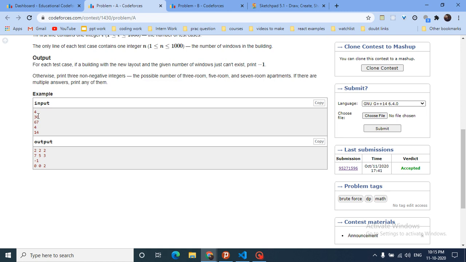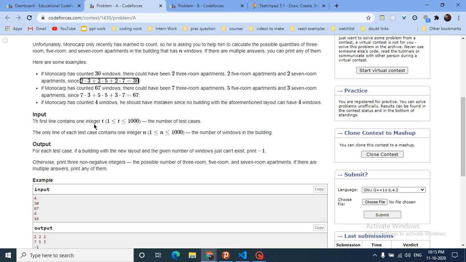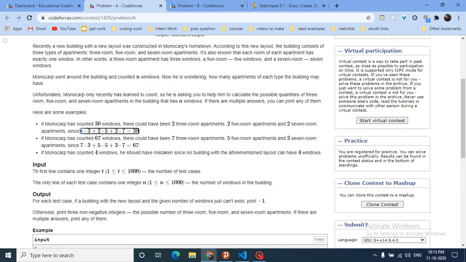As you can see in this example, if the total number of windows is 30, then one possible combination is 2 apartments in which there are 3 windows, 2 apartments in which they have 5 windows, and 2 apartments in which they have 7 windows.